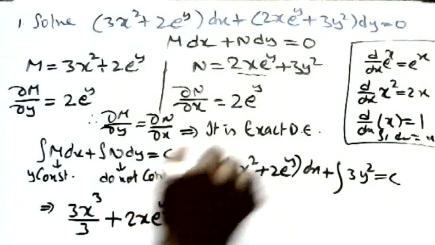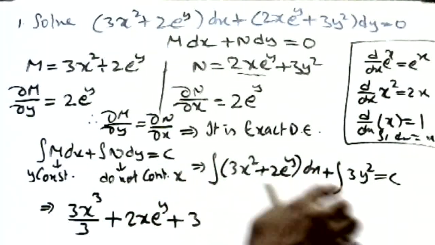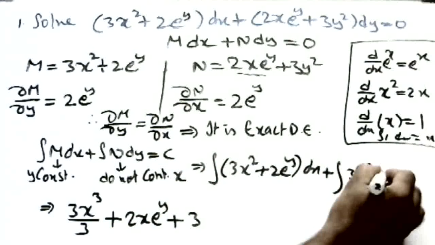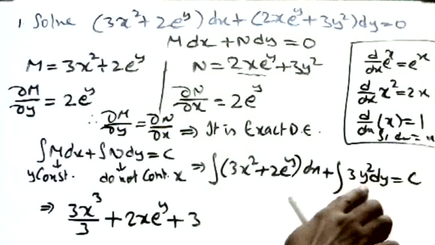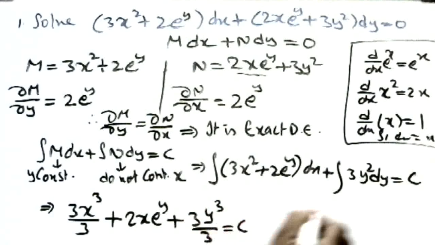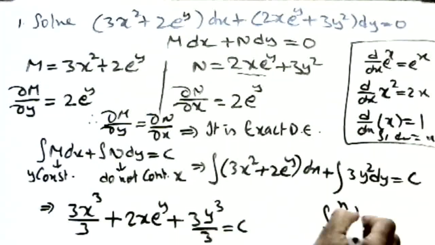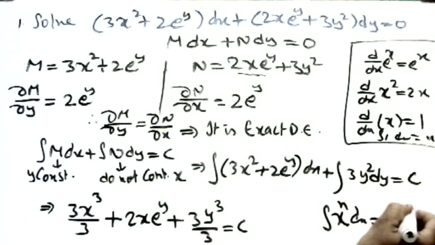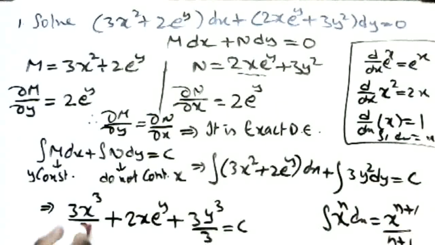So we get 2x e^y plus 3 as it is. Here we are integrating with respect to y, so integration of y²: y^(n+1), 2 plus 1 is 3, by 3 equals c. We know the integration of x^n is x^(n+1)/(n+1).